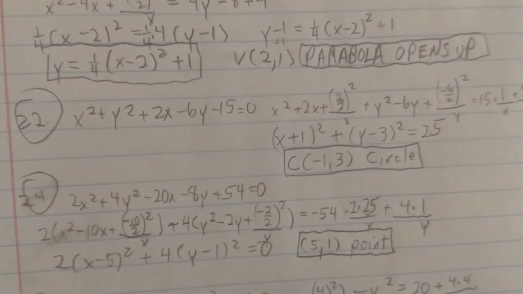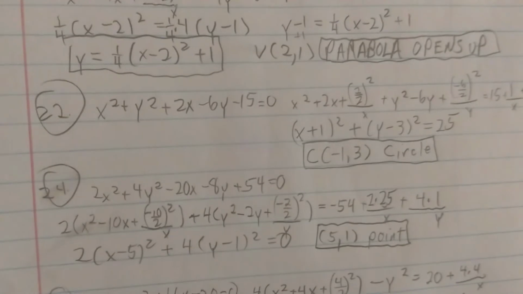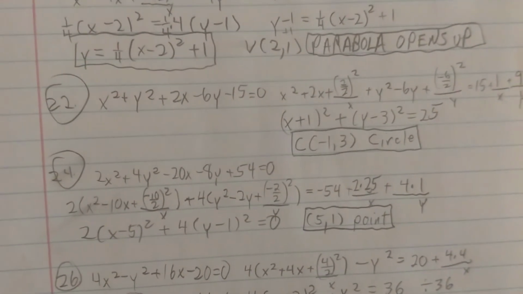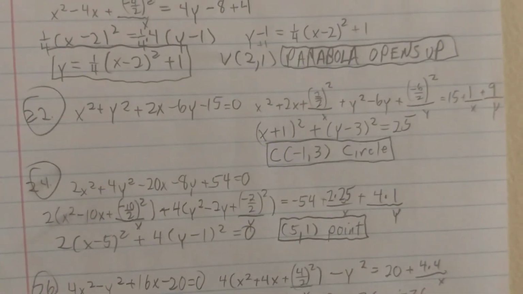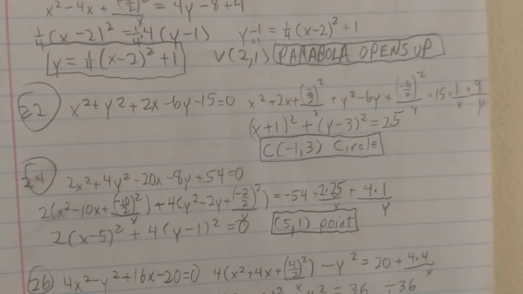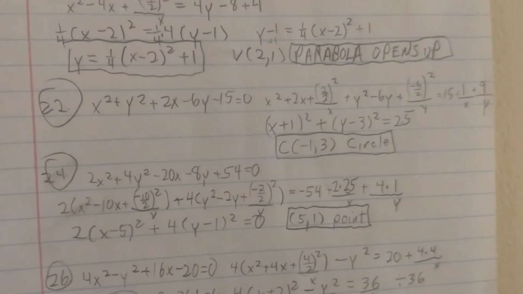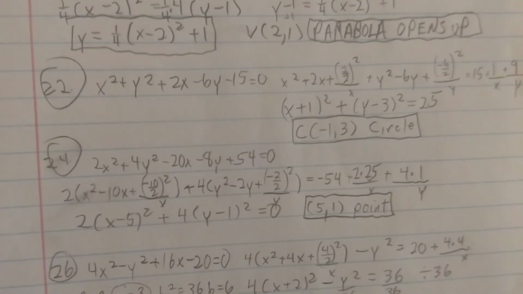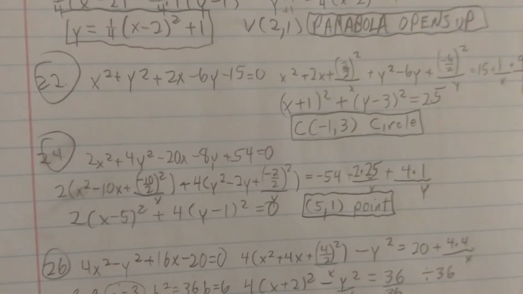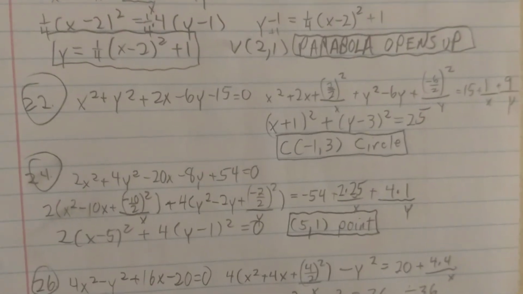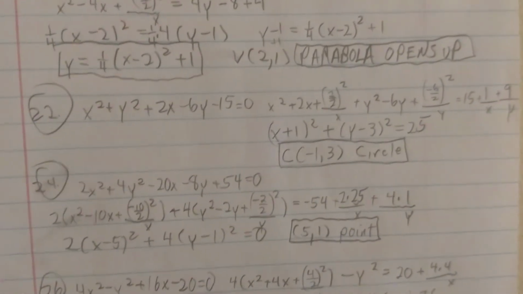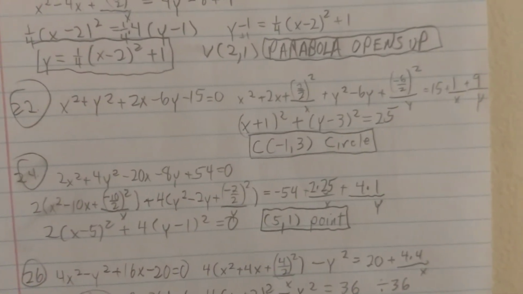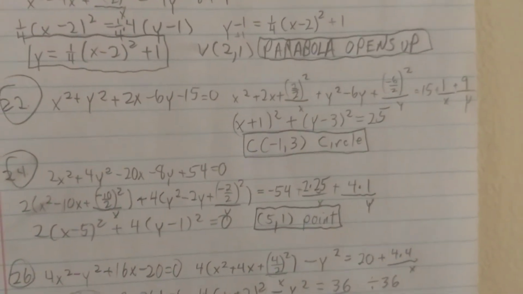Now, to get rid of that 4 on the right side, we'll multiply both sides by 1/4 and end up with y minus 1 equals 1/4 (x minus 2) squared, and then we can bring the 1 over and end up with y equals 1/4 (x minus 2) squared plus 1. And that's a parabola with a vertex of 2, 1, and it's got an x squared, so it's opening up.